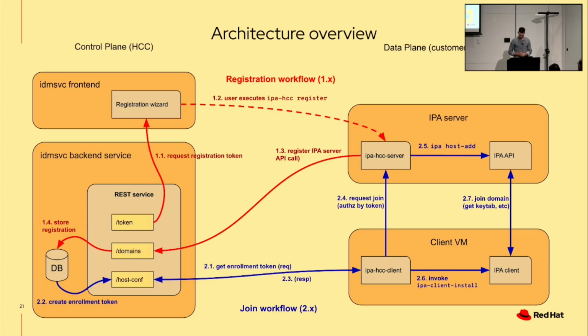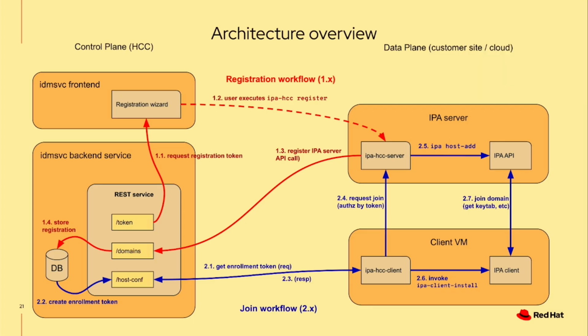For the join workflow, step one is the client machine comes alive, and after it has been registered with Insights, it reaches out to our service and says, hey, I'm alive. Is there a domain I can join? And our service can respond, yes, there is, or maybe no, there isn't, but in this case, yes.